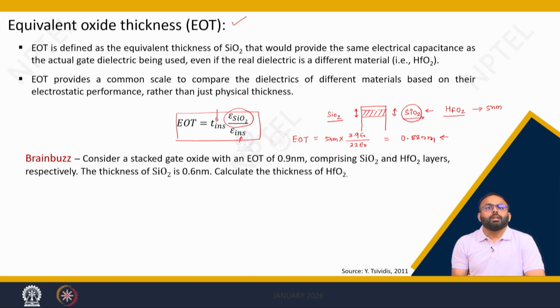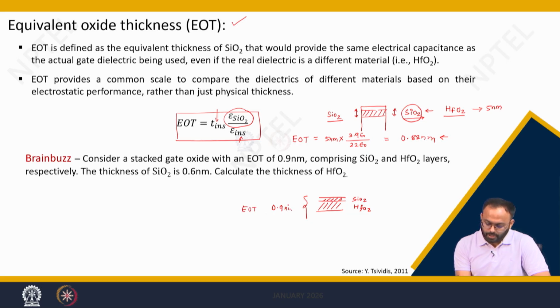Let us solve a small example. Consider a stacked gate oxide with an EOT of 0.9 nanometer. In this case, I have a stacked oxide. Let us say this is silicon dioxide and another layer of HfO2, and the effective oxide thickness of these two layers is given as 0.9 nanometer.